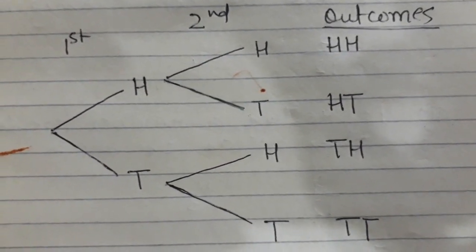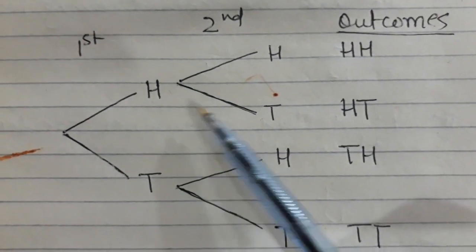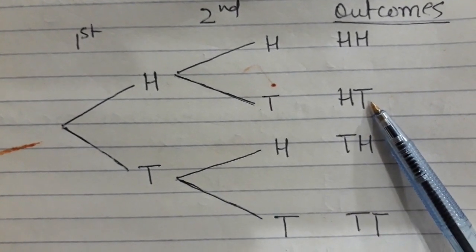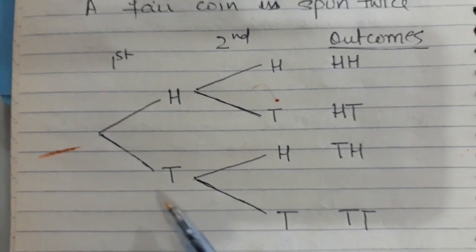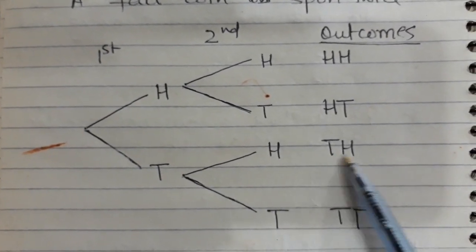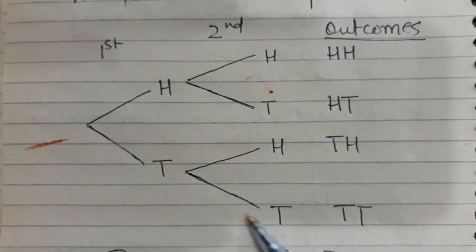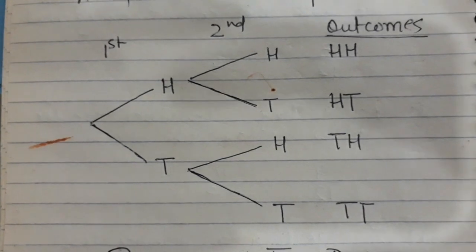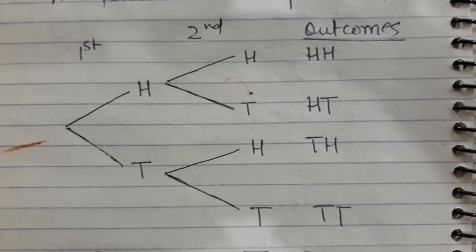Similarly, if first time you are getting head, second time tail, so your outcome is head tail. If first time you are getting tail, second time head, your outcome is tail head. Similarly, tail tail. So you have 4 outcomes.